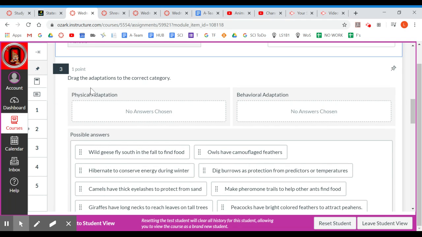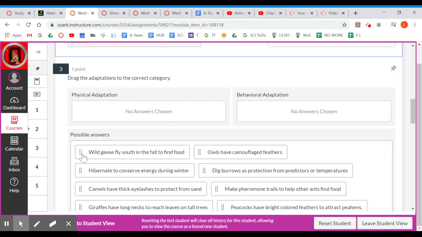Our two categories are physical adaptation or behavioral adaptation. For physical adaptation, think about body structures: specific body parts that a specific animal has in order to live easier where it does. Behavioral adaptations are specific behaviors an animal has in order to live where it does even easier.